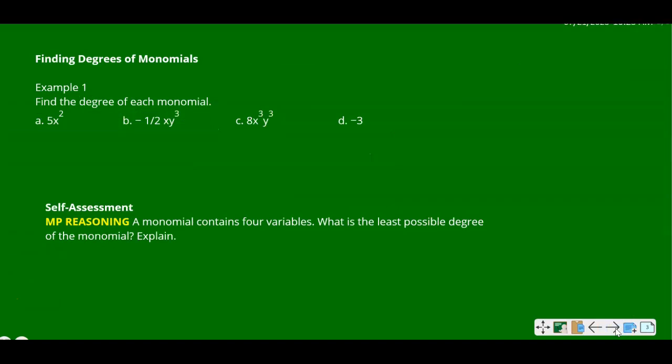All right, example 1, finding the degree of each monomial. All right, so the degree is the highest exponent, or when it's a monomial, it's the sum of exponents. So this one has a degree of 2 because the exponent is a 2.